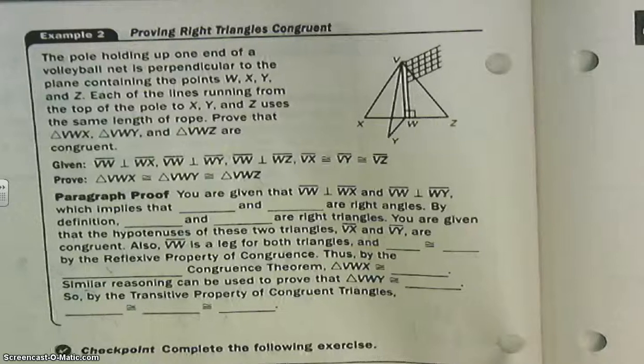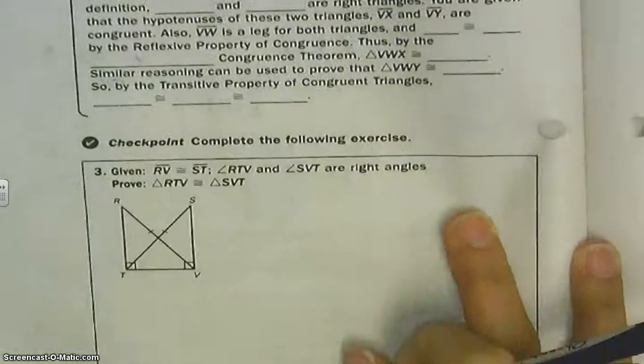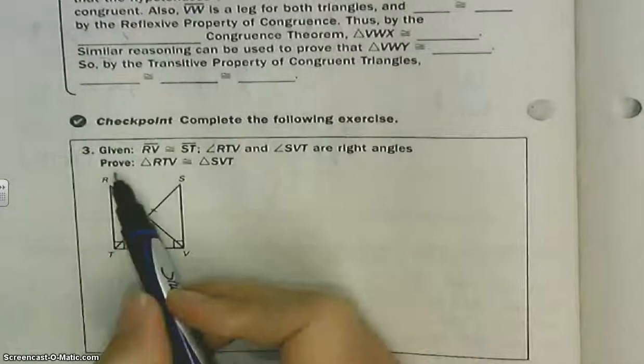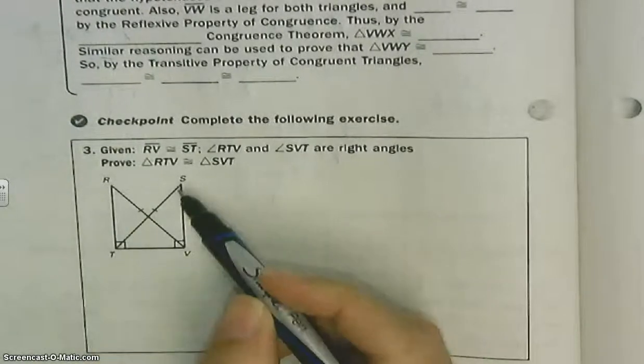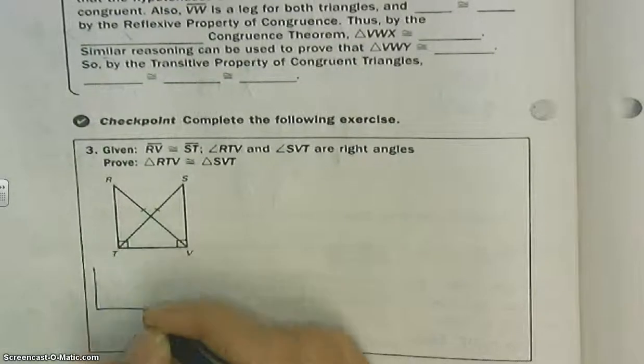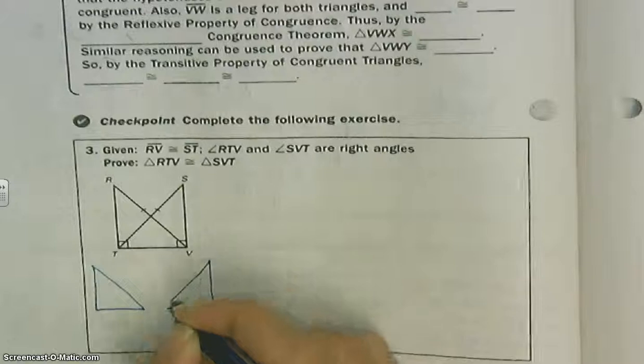So we are going to skip this example up here and just go right to the checkpoint. I'm going to get you started on this. So we have to prove that this triangle is congruent to this triangle. So I think a good way to start is to draw them separately so you can really see what's going on.